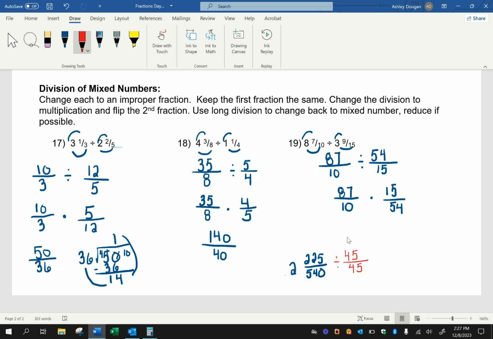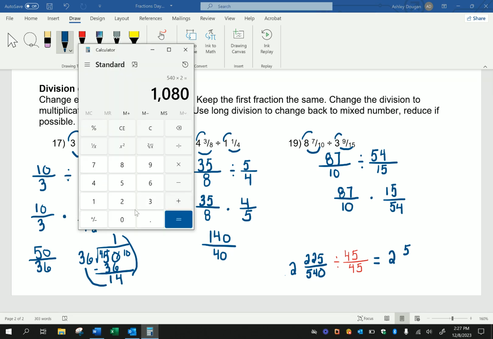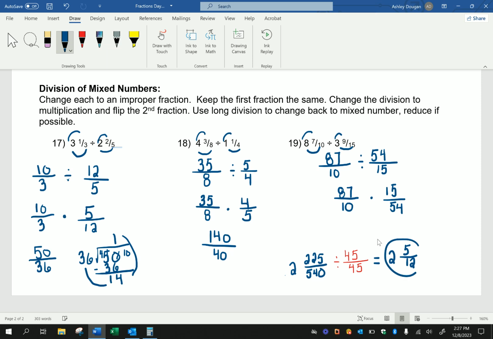They both divide evenly into 45. But you could start out with 5 and just keep going from there if you couldn't find a larger number. 225 divided by 45 gives me 5, and then 540 divided by 45 gives me 12. So this reduces into 2 and 5/12.